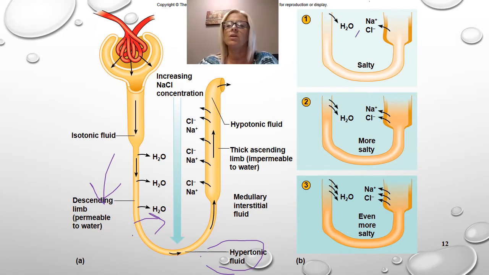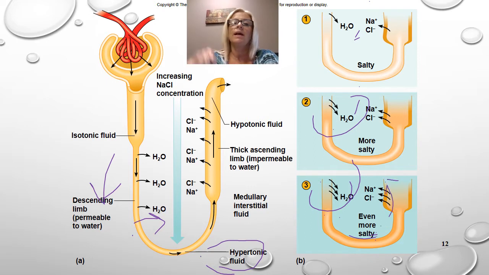So we start here with a little bit of water, and then we have a little more water, and then we have even more water because we're increasing the solutes as we move here. And so we're going to keep concentrating. So the countercurrent multiplier increases the solute concentration of the interstitial fluid progressively. It keeps getting more concentrated until it's almost 4 times more hypertonic than plasma.